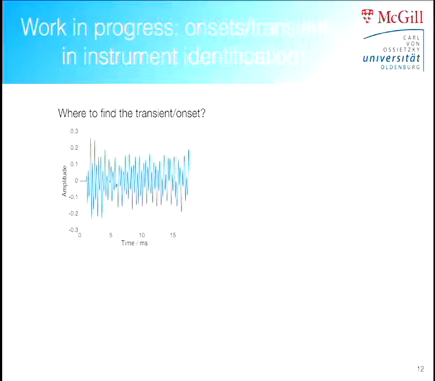But then if one looks at signals, it's really not that clear where to find the transient and where to find the onset. And when I started to think about this, I suddenly didn't know anymore what transients are and what onsets are and how people actually distinguish this.